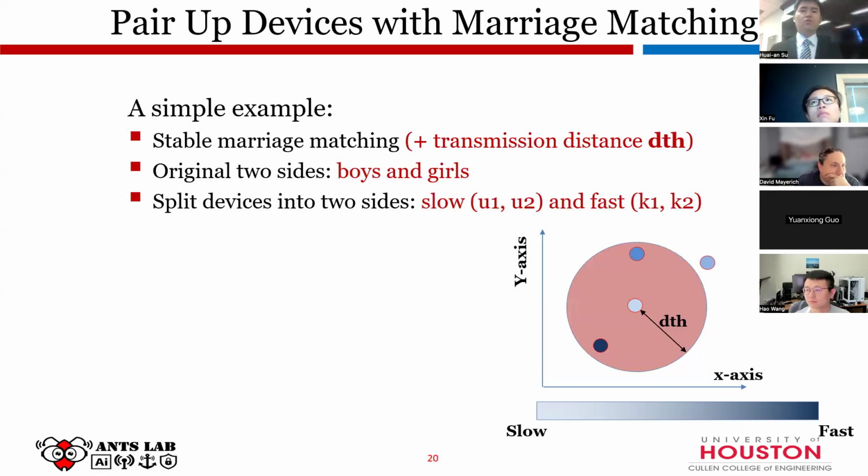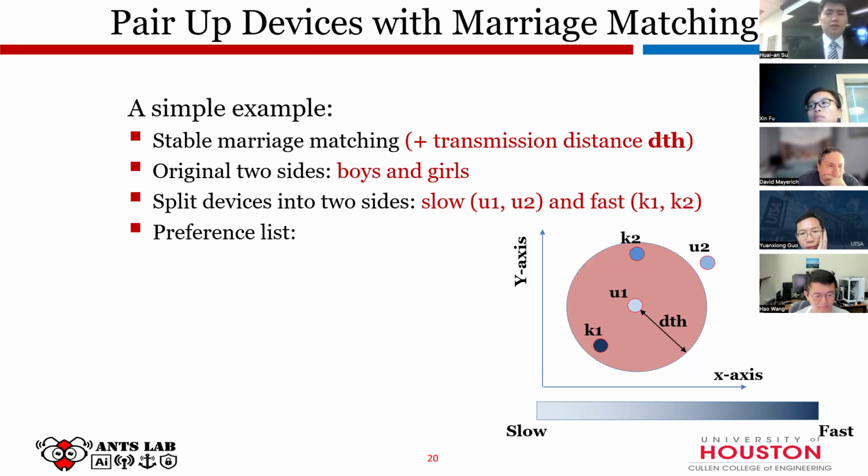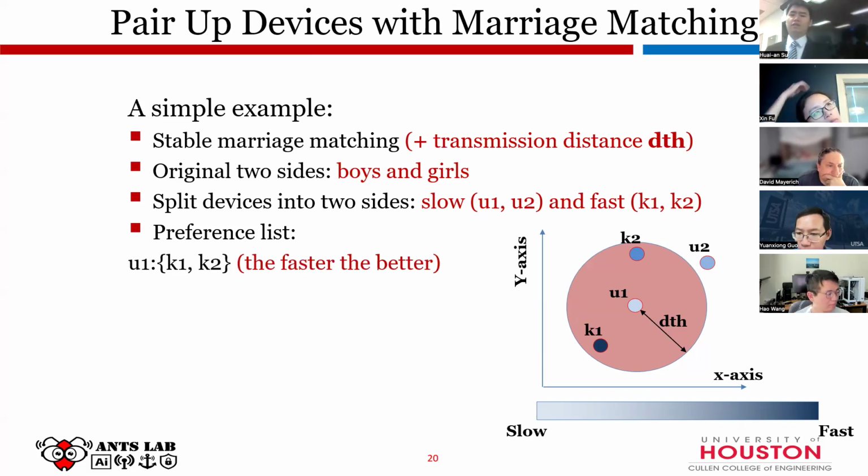Here, instead of boys and girls, we split the devices into two sides: the slow devices U1 and U2, and the fast devices K1 and K2. The preference list is as follows. Let's say we start from U1. U1 is trying to prioritize within range K1 and K2, and he wants to prioritize the faster device.